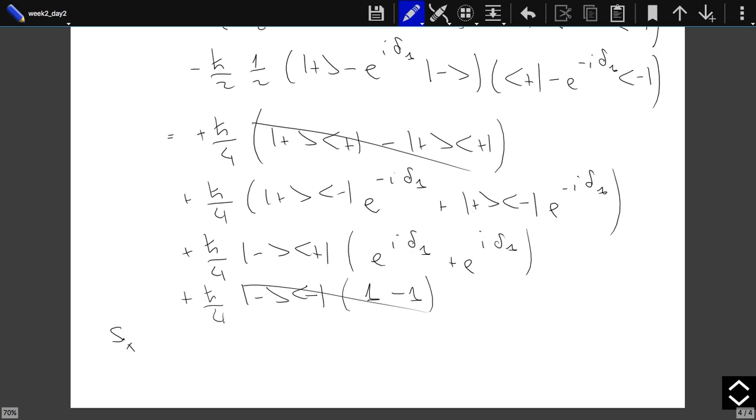And the Sx operator is h bar over 2 plus minus e to the power minus i delta 1, plus h bar over 2, minus plus e to the power i delta 1.